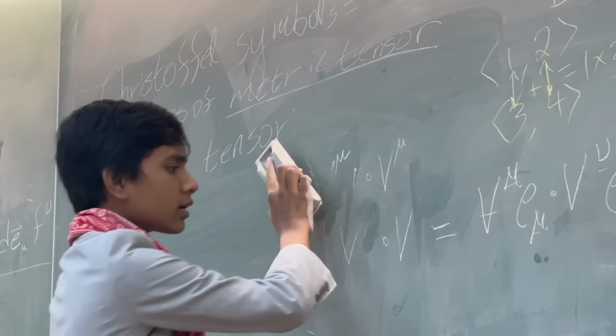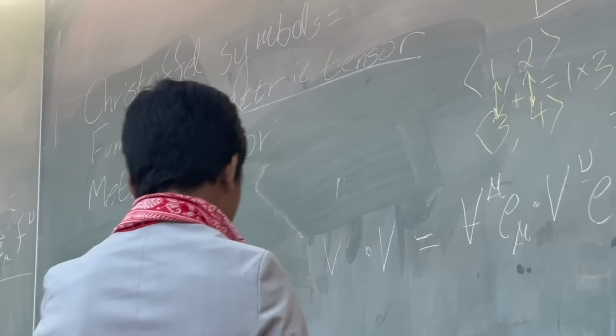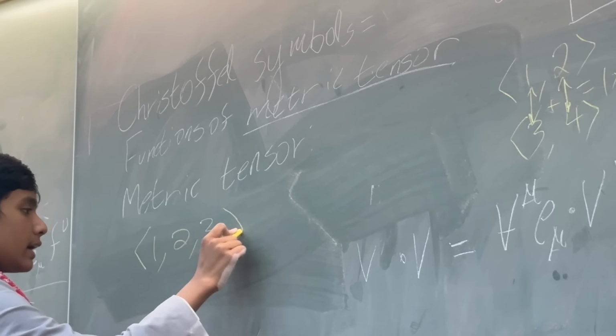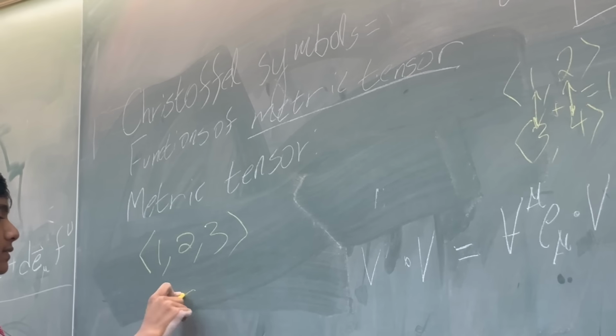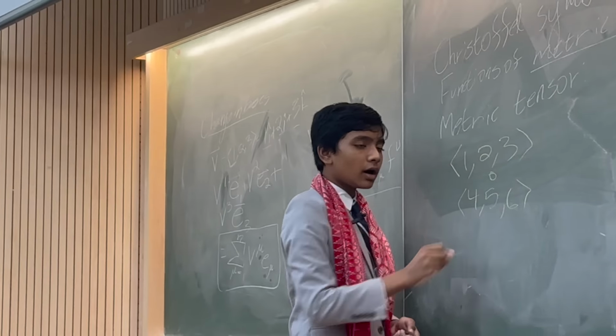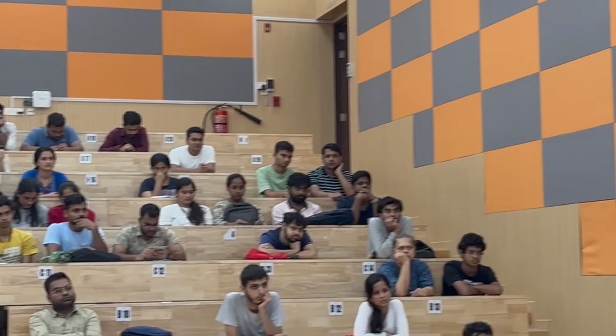We're taking the dot product of the vectors 1, 2, 3 and 4, 5, 6. So everybody can work this out quickly, right? What's the dot product of these two vectors?